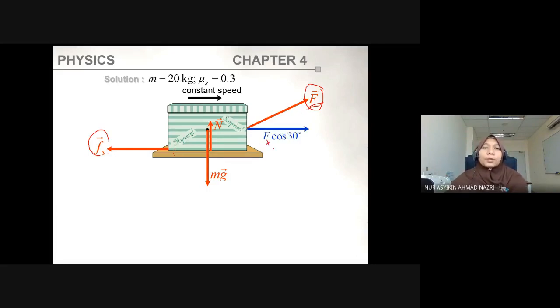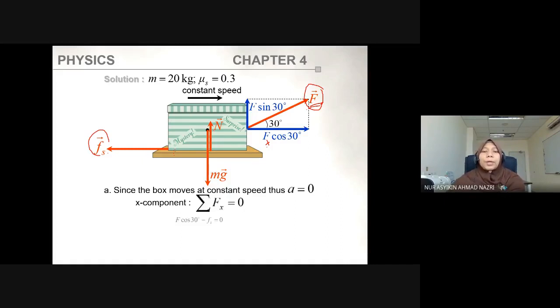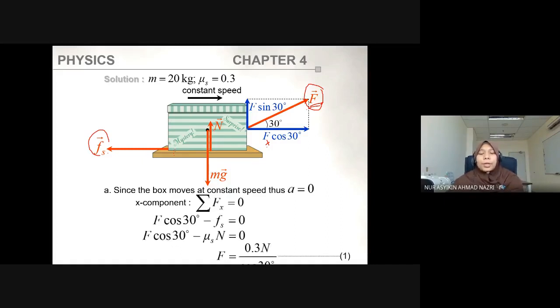So dah ada gang, so kita boleh gangkan Fx cos 30 gangkan dengan your frictional force, your F sin theta degree gangkan dengan normal force and minus with your mg. Then we can write your complete equation and find your normal force. Normal force to where? Where is your normal force?